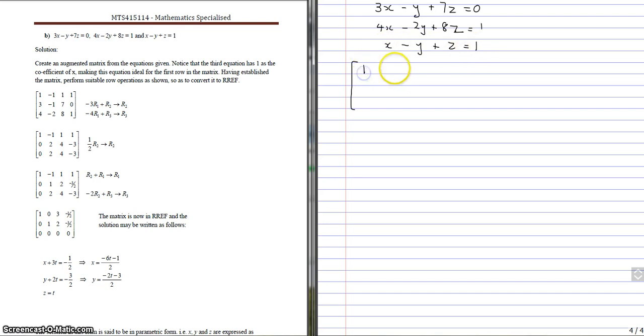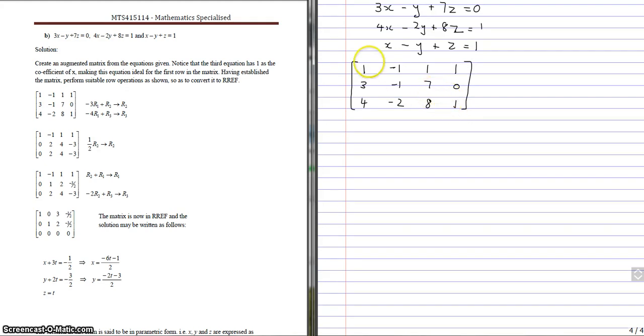So we've got 1, negative 1, 1 and 1. From there it doesn't matter. So we'll go 3, negative 1, 7 and 0, and then 4, negative 2, 8 and 1.